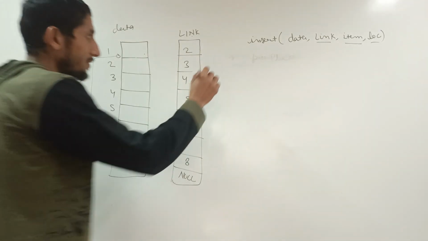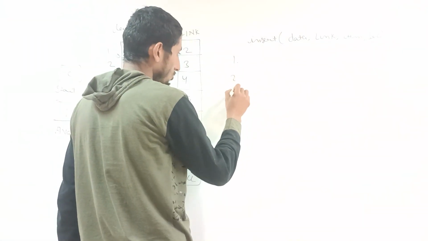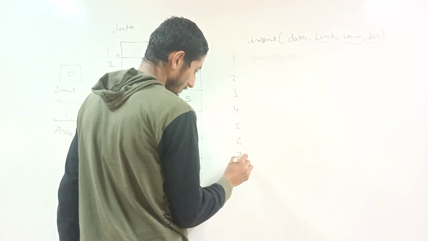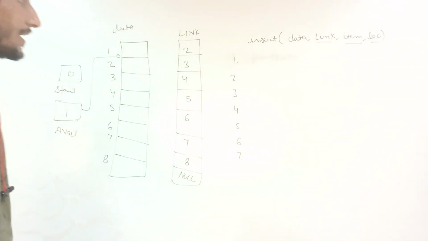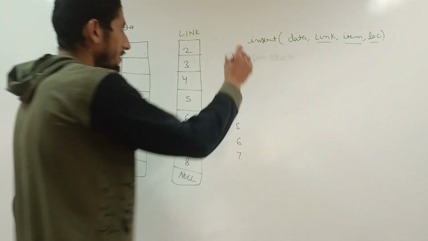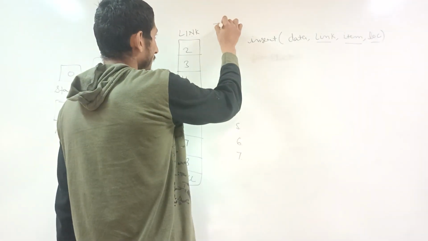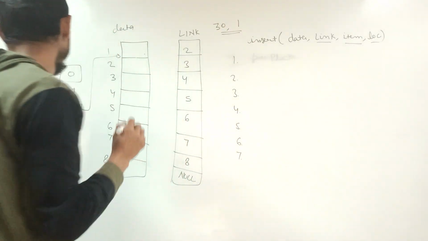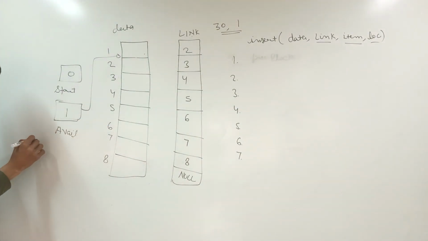Okay. So let me start from here. 1, 2, 3, 4, 5, 6, 7. Let's say you want to insert 30 as a first block. So let me write down here like this. Block number 1, 2.